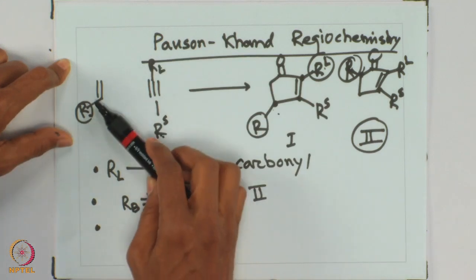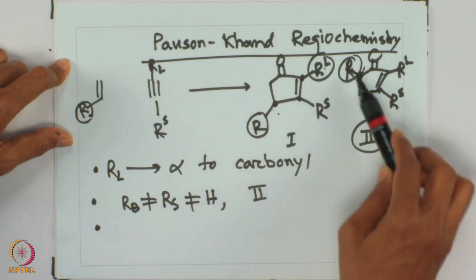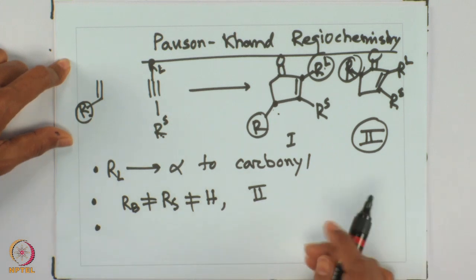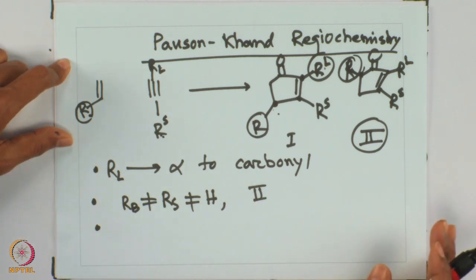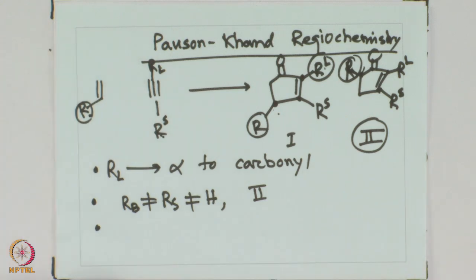So, the type of alkene and type of alkyne will determine whether R is at this position or at that position. Also, this can be controlled by ligation on the different metal centers, which we will be discussing in a moment.